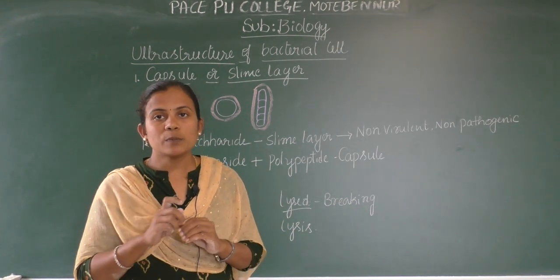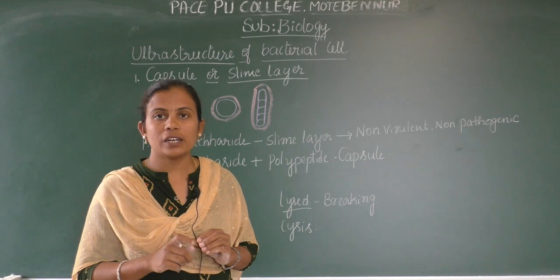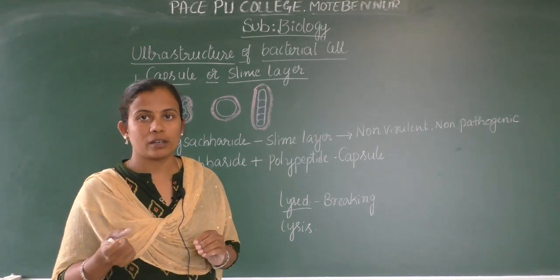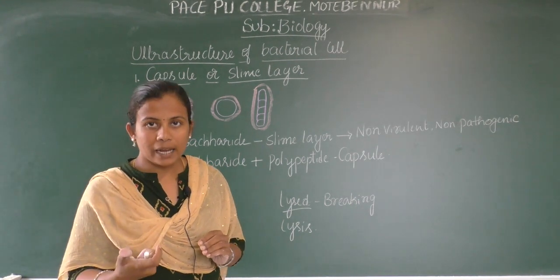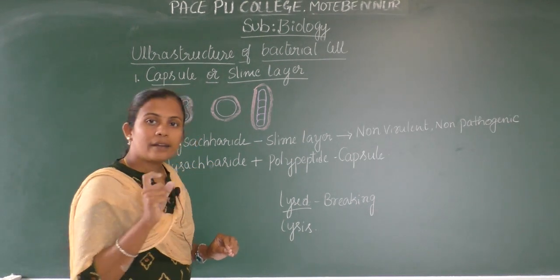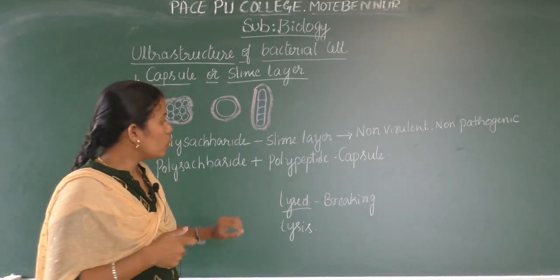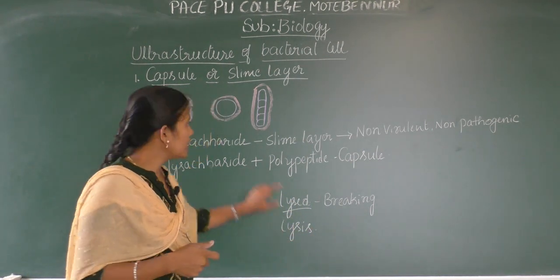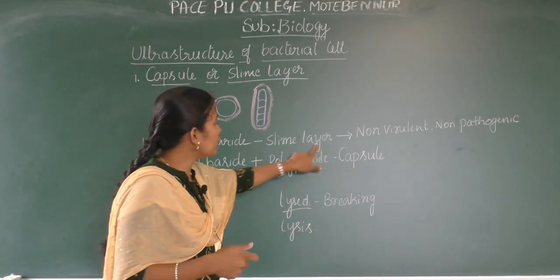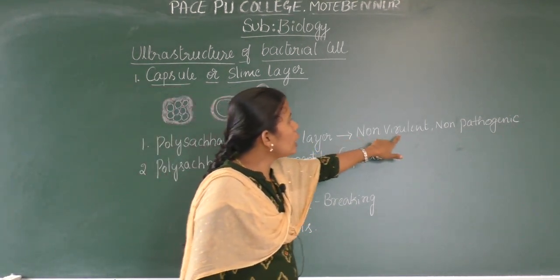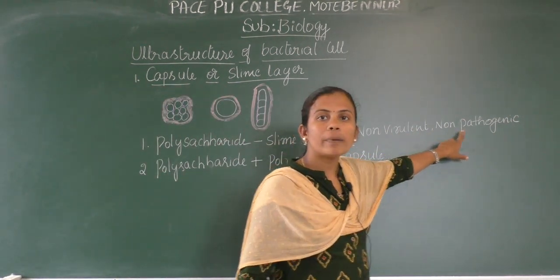If the symptoms are observed by a doctor or physician, he suggests that you take an antibiotic. Against the bacterial action, we take some drugs, and the drugs we take will cause lysis of bacterial cells, like slime layer containing bacterial cells, which become non-virulent and non-pathogenic.